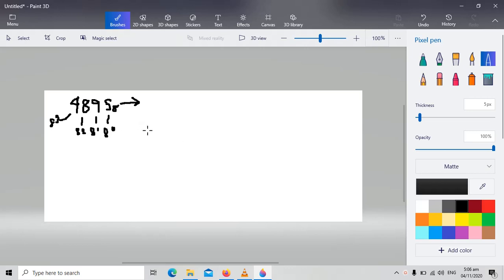Alright, so we need to solve again. 4 times 8 to the power of 3 plus 8 times 8 to the power of 2, plus 4 times 8 to the power of 1 plus 5 times 8 to the power of 0.